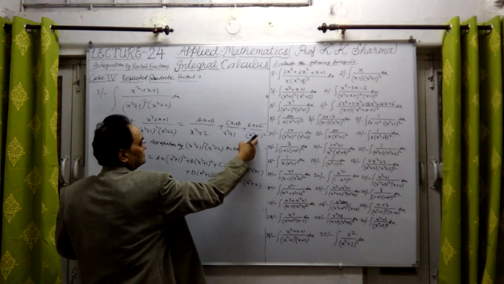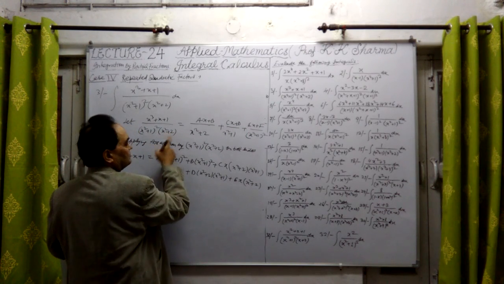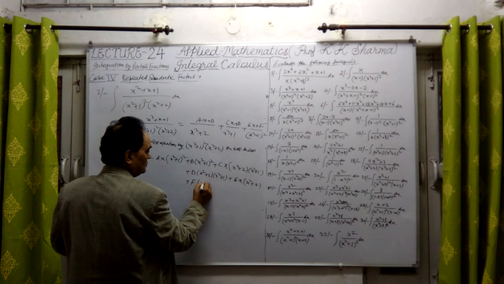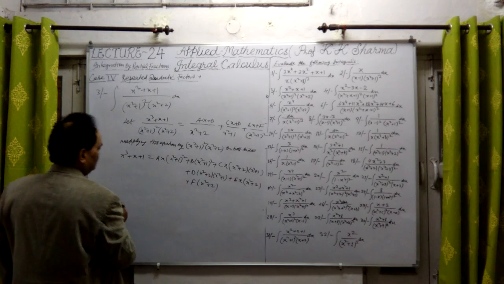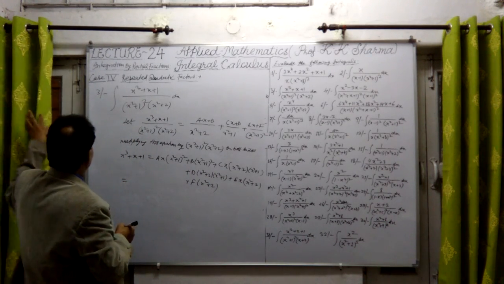The x square plus 1 whole square cancels out, only x square plus 2 will come, and plus f into x into only x square plus 2. Here x was there.